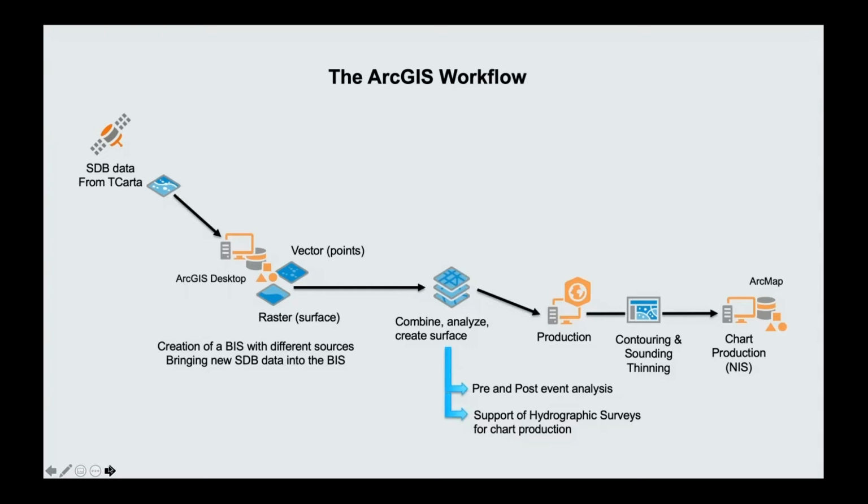In this case, we are estimating that this could be used for updating a small scale type of chart, for example a general or overview chart, maybe a coastal chart if the water clarity and the uncertainty are good enough for that type of product, but in combination with other sources.